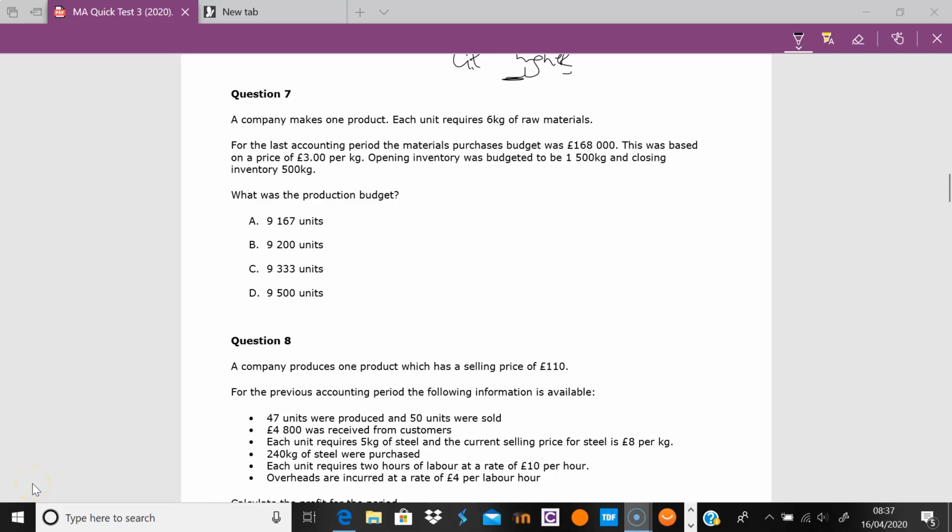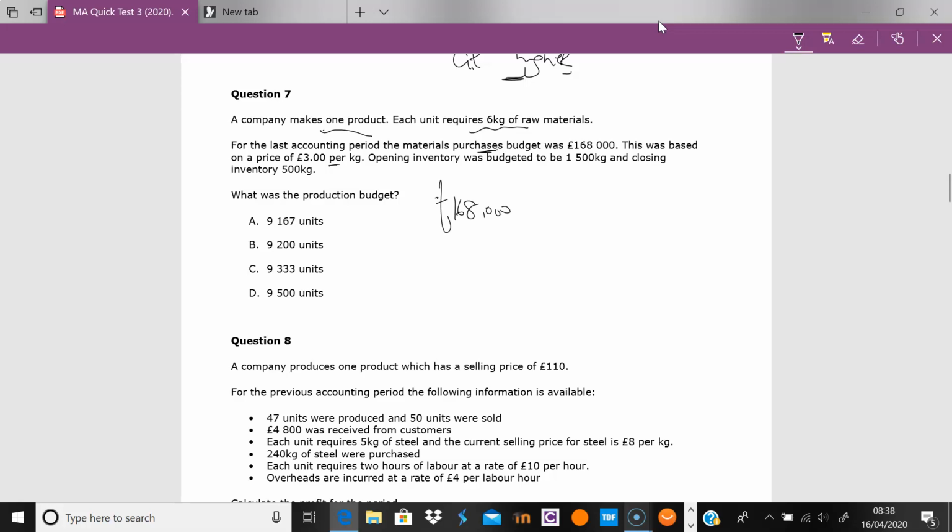Right. These next two questions are looking at budgets, different types of budgets. This one is quite a nice one. It says this company makes one product, and each unit requires 6 kilograms of raw material. From the last accounting period, they spent 168,000 on buying in raw materials, at £3 per kilogram.